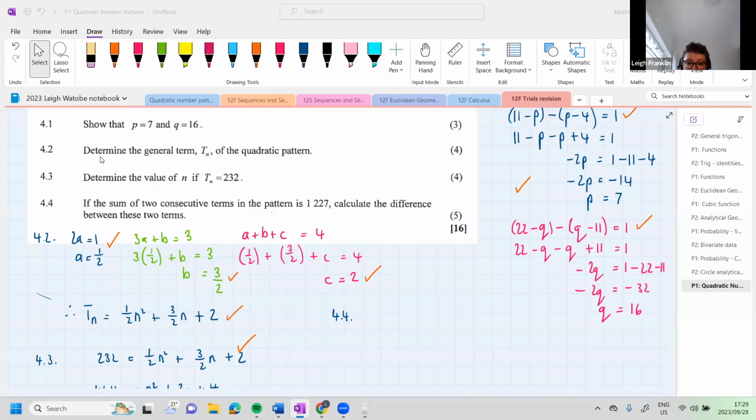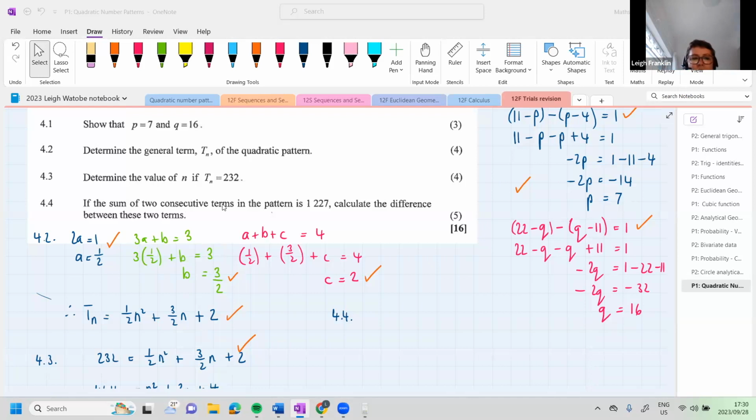We don't have an SN formula for a quadratic pattern. So there's no SN formula here, unfortunately, that we can use. When the question says the sum of 2 consecutive terms, we know that the word sum means things need to be added together. So that's perfect, Lebogang.